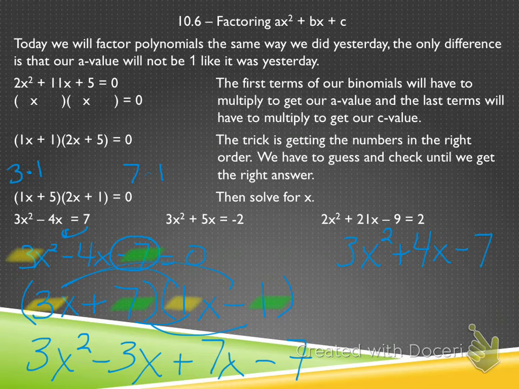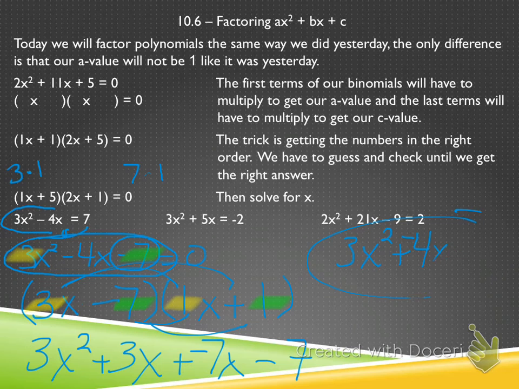This is not what I started with, because what I started with was 3x squared minus 4x minus 7. The easy fix for this one is, all I have to do is change these signs. Change this to a minus sign, change this to a plus sign. Once I change that, this becomes a positive 3x, that comes with negative 7, so that becomes a negative 4x when I combine my like terms. This is what I started with, so this is my right answer here.